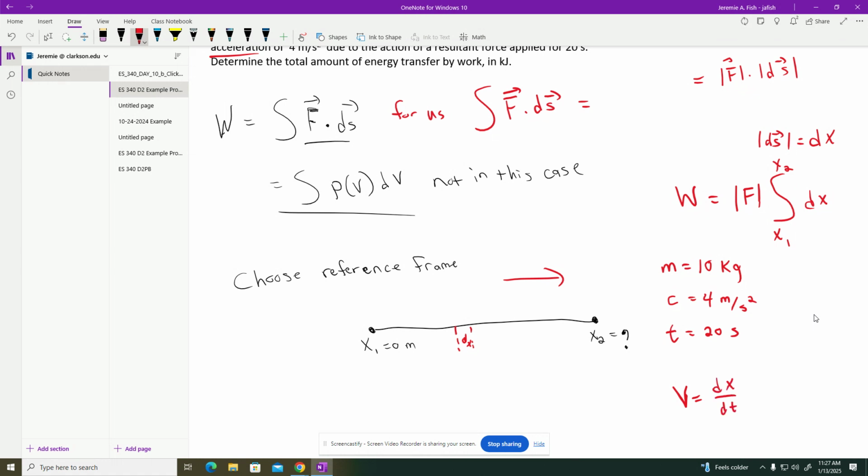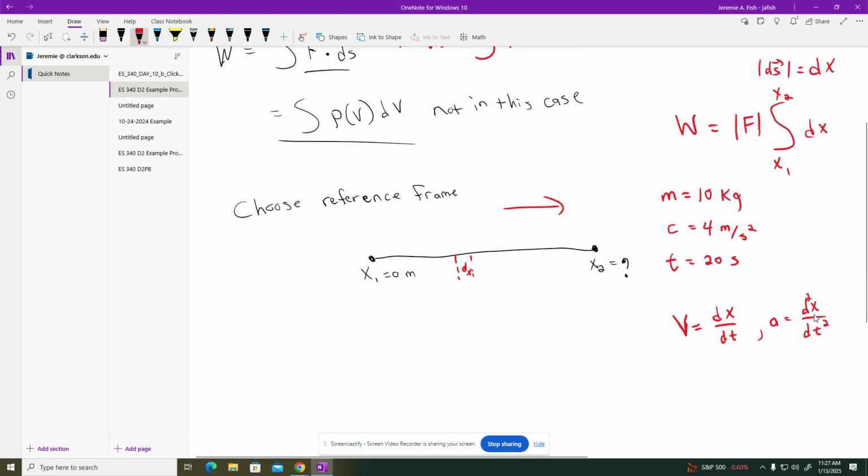If I have nice straight line motion like I have here, the other thing is that the acceleration a is equal to d squared x, sorry, I did the notation bad there, dt squared. That would be our acceleration.